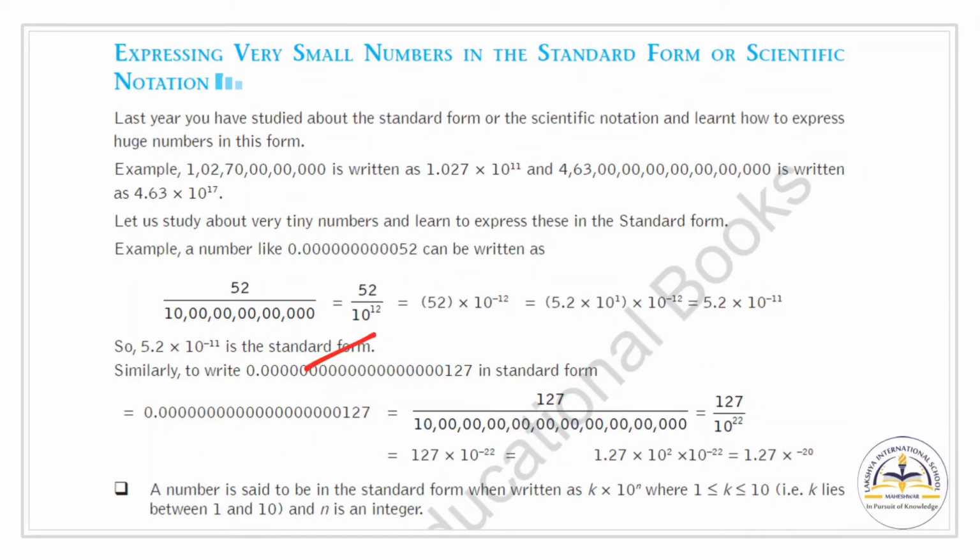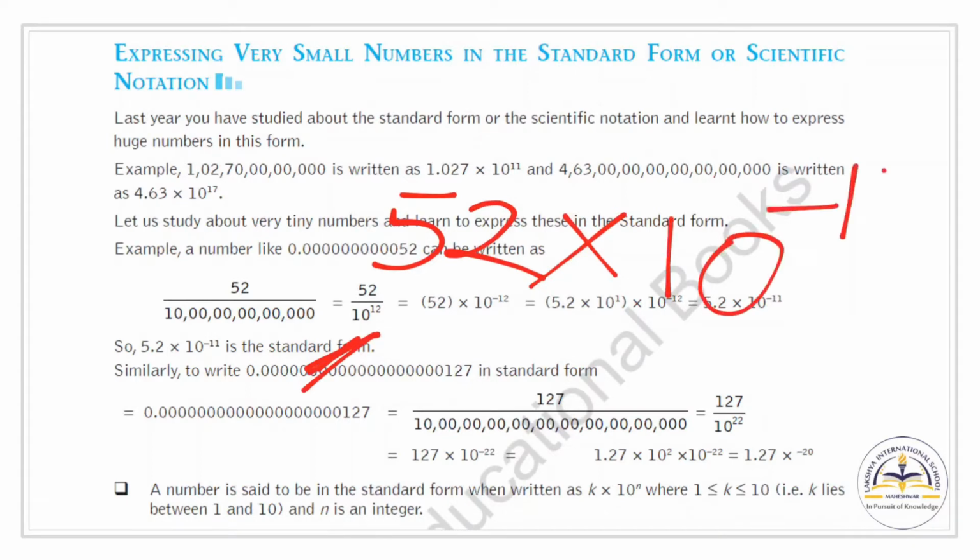Now 52 multiplied; here it is in divide form. When we write it in multiplication form, the power will become negative, that is 52 into 10 to the power minus 12.